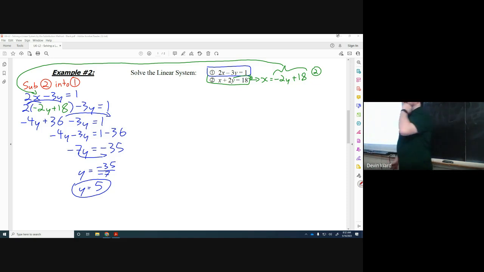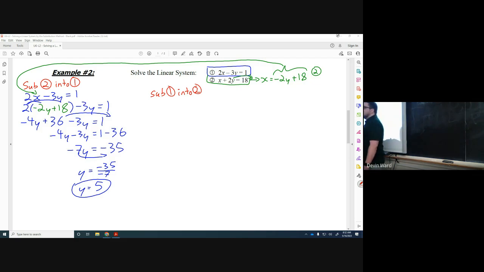So I found y, but what do I still need to find? X. So to find x, I already kind of solved for x up here, right? I want to sub 1 into 2. So I want to take my y from equation number 1 and put it into equation number 2.